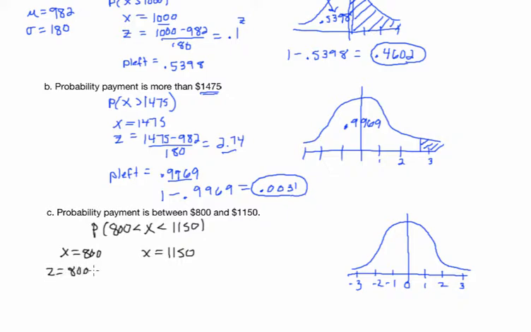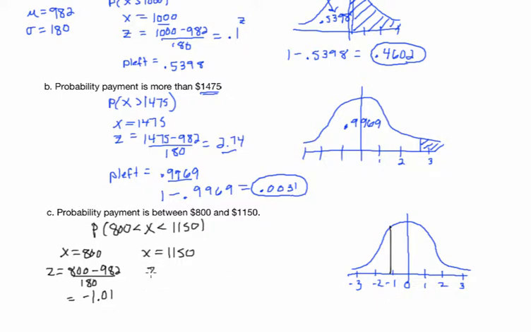Data value minus the mean divided by the standard deviation. So negative 1.01, about here. This is the z-score that lines up with the data value of 800.